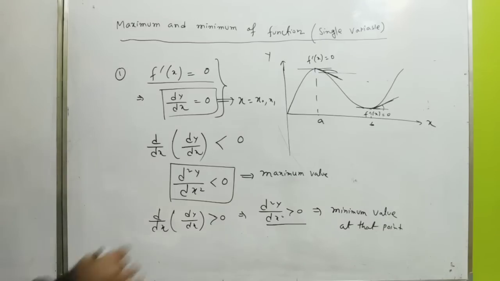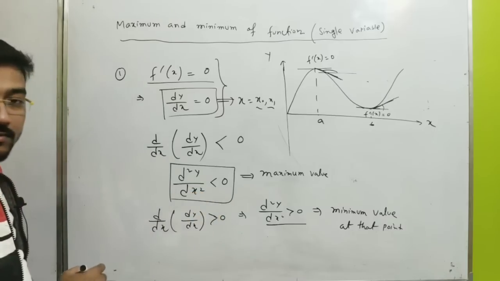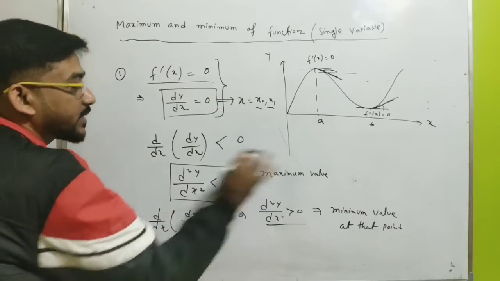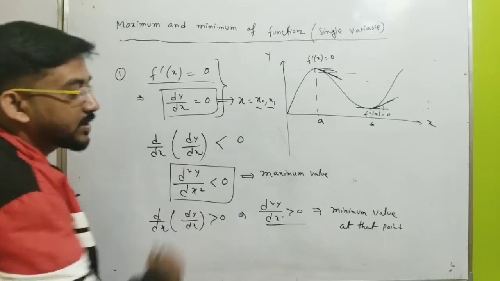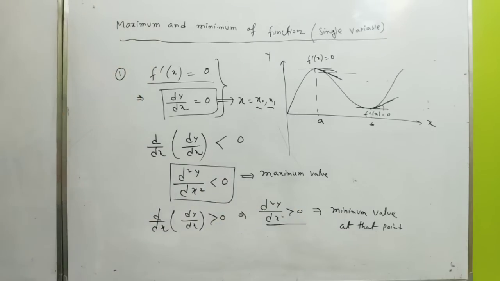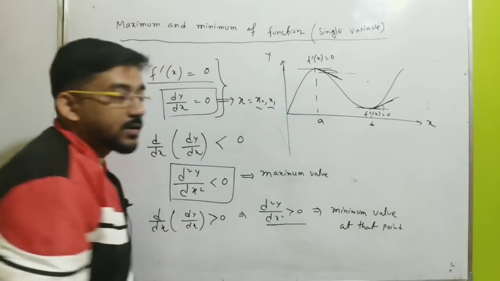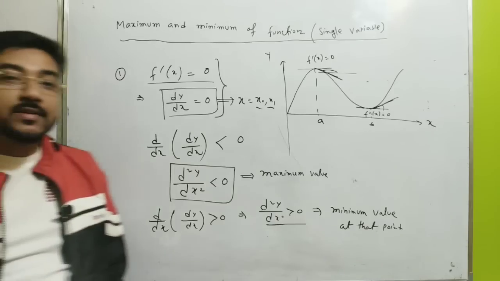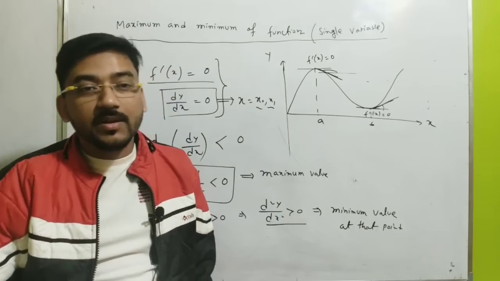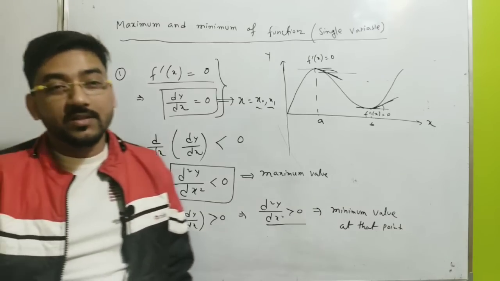For which point the second derivative is less than 0, you can say at that point the function has a maximum value. And if the second derivative is greater than 0, then at that point the function will have a minimum value. Maybe for a particular function, you can see from this figure both maximum and minimum value, and maybe for a function only a minimum value or only a maximum value. Maybe some functions have no minimum and no maximum.